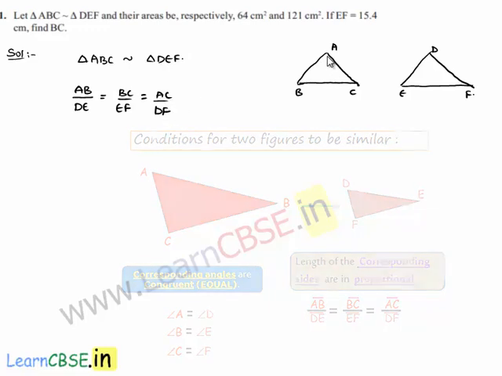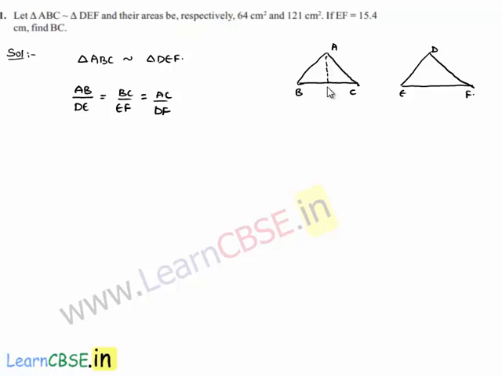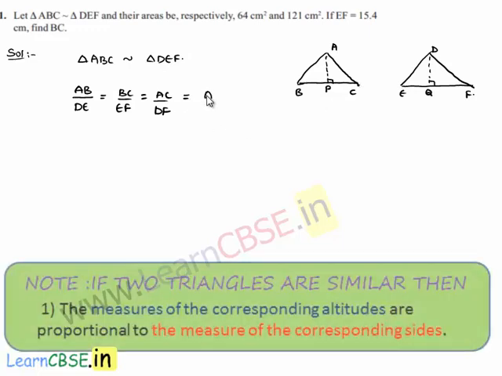And now if we draw a perpendicular height, that is AP and DQ perpendicular to the bases BC and EF respectively, then these proportions will also be equal to AP by DQ.